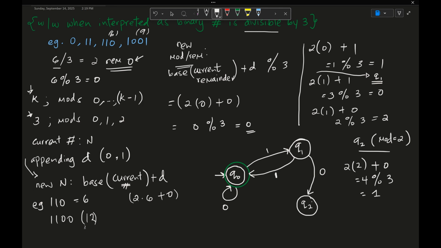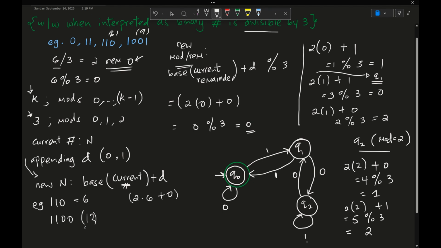That results in 1, so it takes us back to Q1. But what happens if we see a 1? That's 2 times 2 plus 1, which is 5 mod 3. What does that result in? 2 still. Mod is basically a subtraction: 5 minus 3 is 2. So we loop back into Q2 if we see a 1.